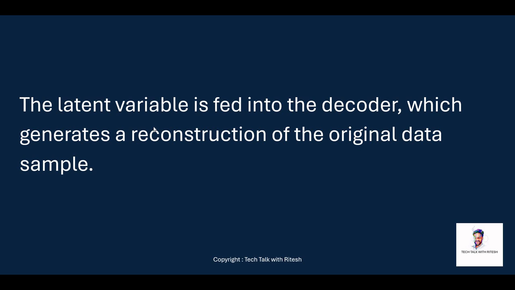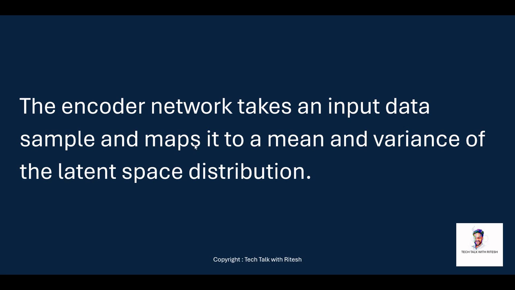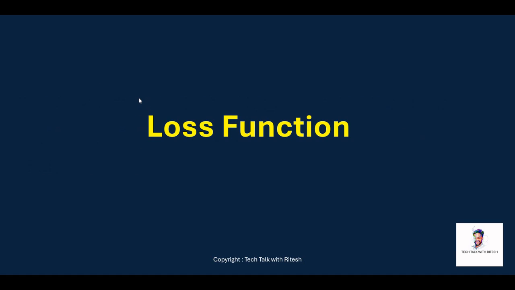We see that we first use the encoder. The encoder network takes an input data sample and then maps it to the mean and variance of the latent space, and the decoder, the latent variable is fed into the decoder, right, which generates a reconstruction of the original data sample. And the latent variable is nothing but the mean and variance.